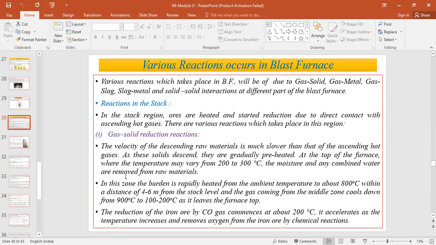As the burden moves down, around 4 to 6 meters from the top of the blast furnace, the temperature of the iron bearing material keeps increasing from room temperature to approximately 800 degrees centigrade.